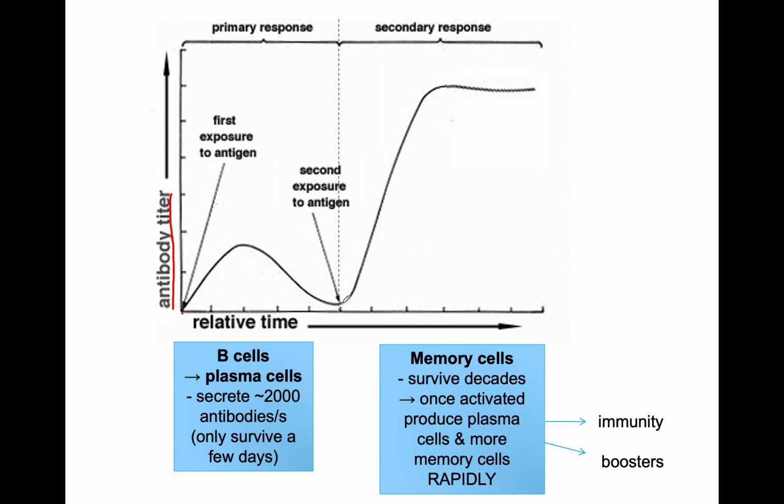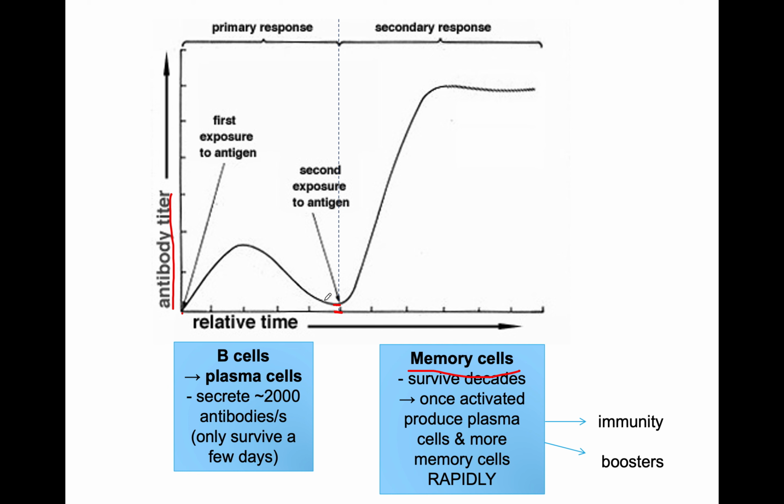But what we do notice is with the secondary exposure, we've got a slightly higher concentration of those antibodies. And the reason for that is because those memory cells remain in the blood for weeks and months and decades. And we can see those memory cells, when they become activated, we get a much bigger response.